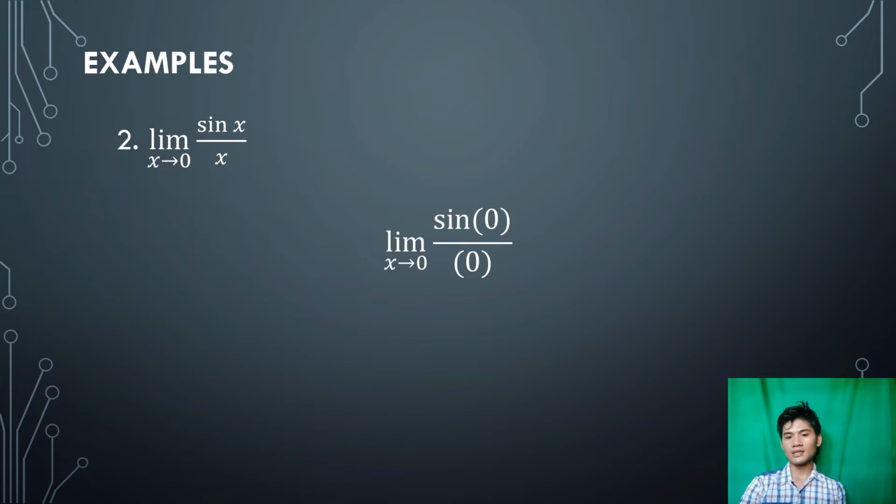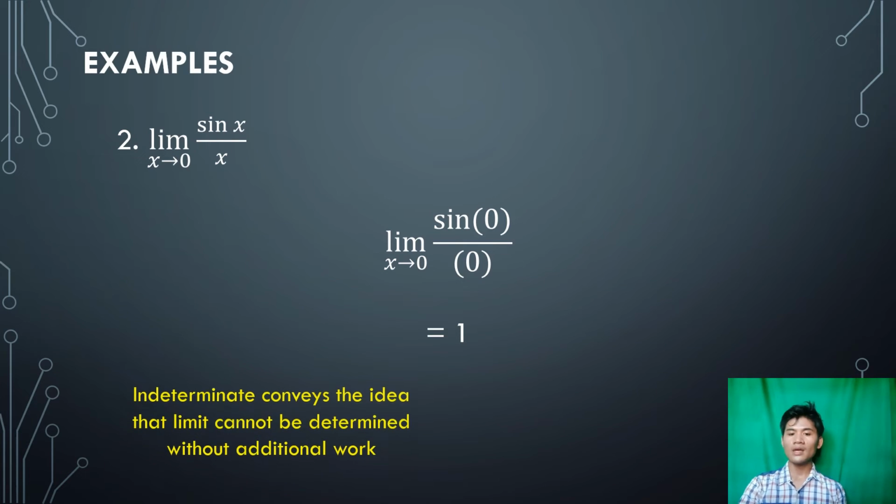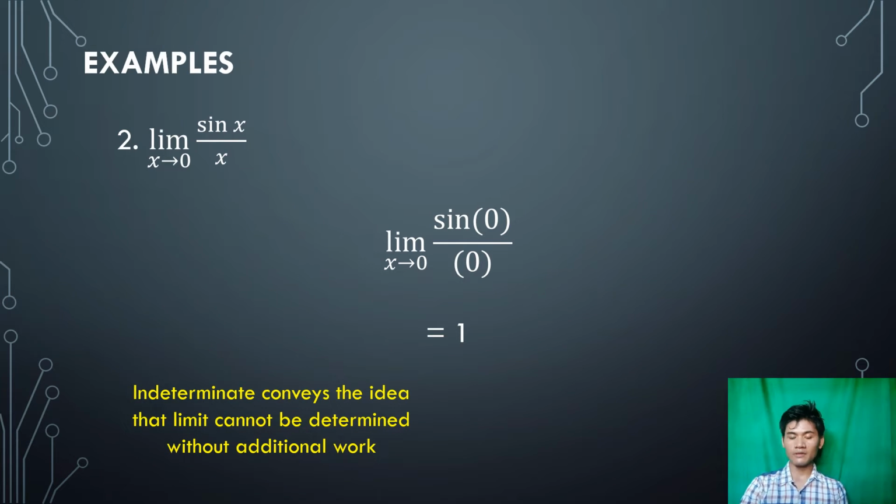But if you have prior knowledge of common limits, you will know that the value of this limit, sine x over x as x approaches 0, is 1. I guess it is number 3 in the common limits list. So the limit cannot be determined without additional work, and you must exert a little bit of effort.